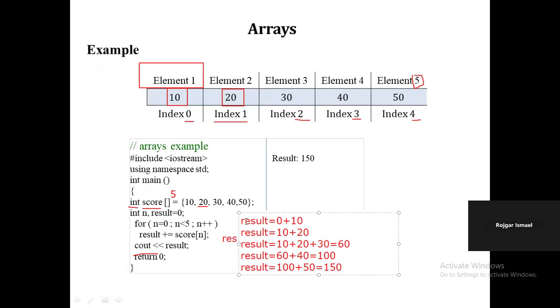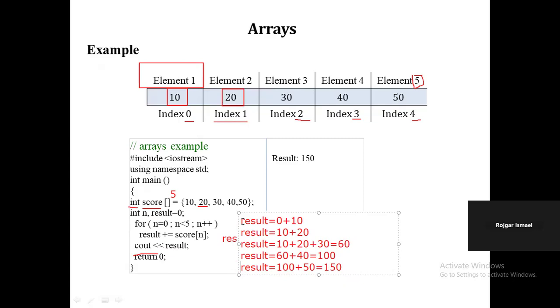So the first step is iteration number 0, then number 2, number 3, number 4, and number 5. At number 5, we cannot go anymore, because if we try to continue, it will conflict with the condition, since 1 is smaller than 5, 2 smaller than 5, 3 is also smaller than 5, 4 also smaller than 5.